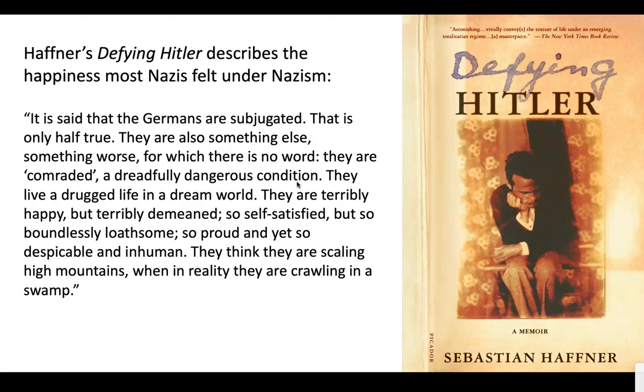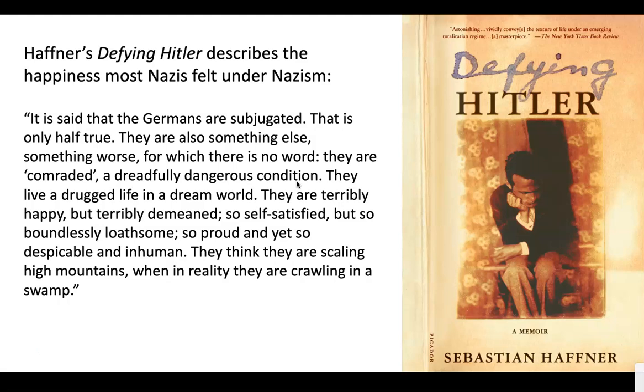They are comraded, a dreadfully dangerous condition. They live a drugged life in a dream world. They are terribly happy, but terribly demeaned, so self-satisfied, but so despicable and inhuman. They think they are scaling the highest mountains, when in reality they are crawling in a swamp.